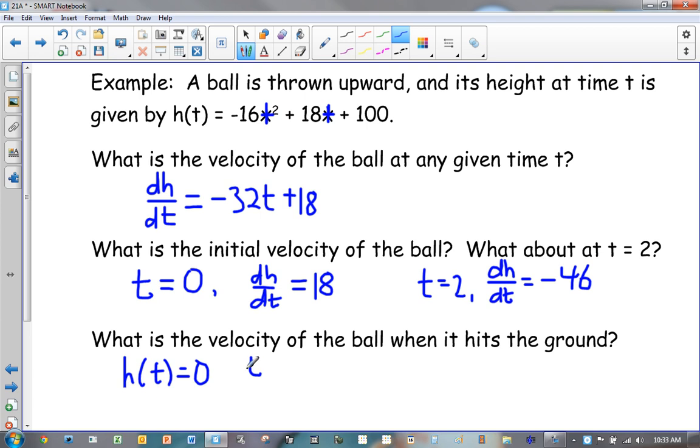One of them is at t equals -2, which doesn't make sense. We always start time at 0, so we're not going to have negative times. And the other one is at t equals 3.125. So in order to find the velocity at this time, I just take -32 and multiply it by 3.125 and add on the 18.